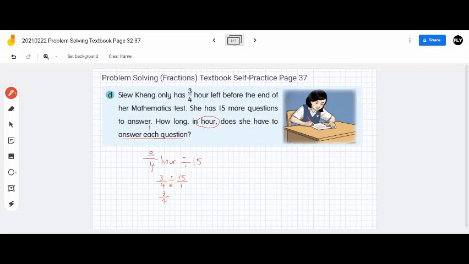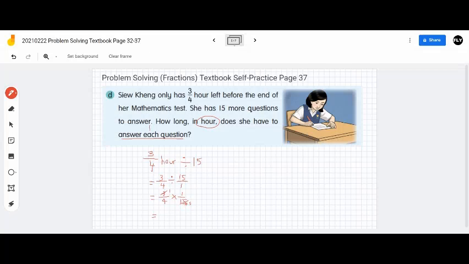Change the operation to multiply and inverse 15/1 to 1/15. Can it be simplified? 3/4 cannot. 3/15, yes, by using the multiplication table of 3. 3 times 1, 3. 3 times 5, 15.